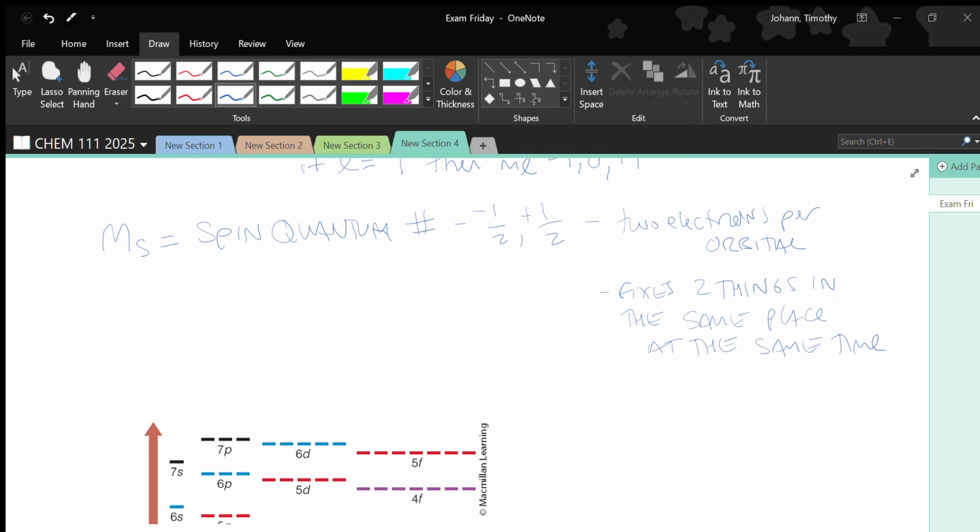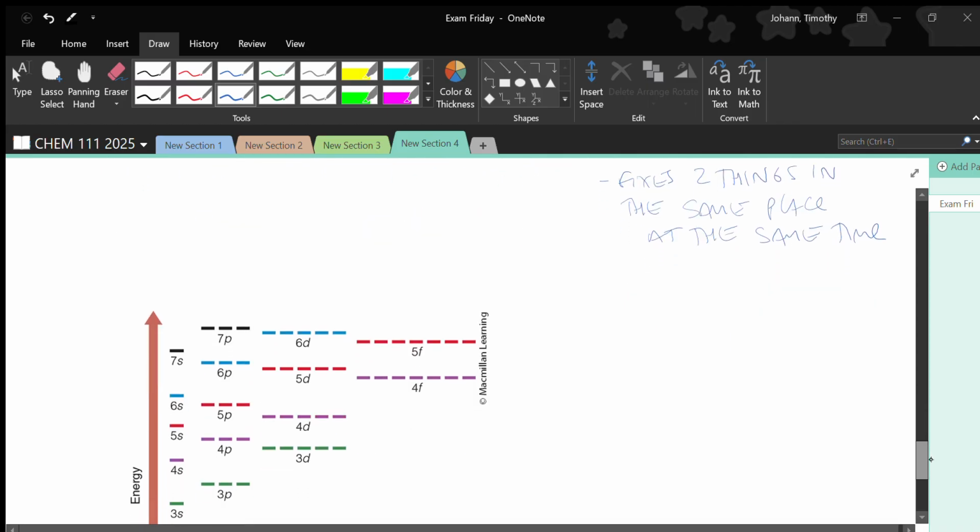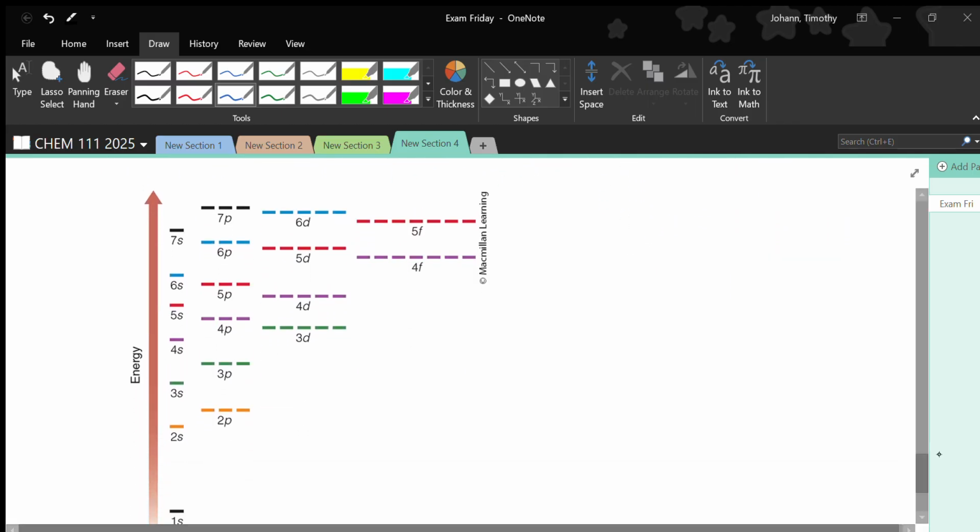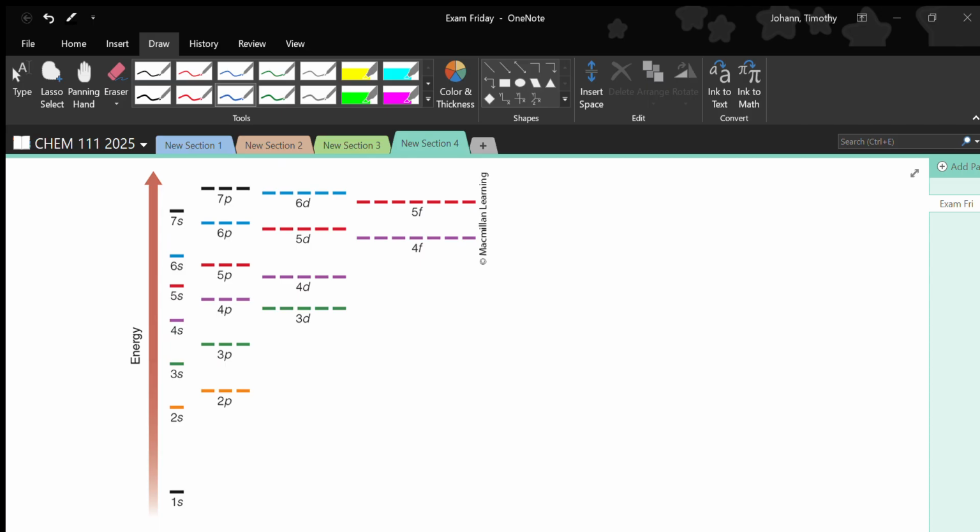All right, so then now we have what we need to know to build an energy level diagram. So this is what we call an energy level diagram.